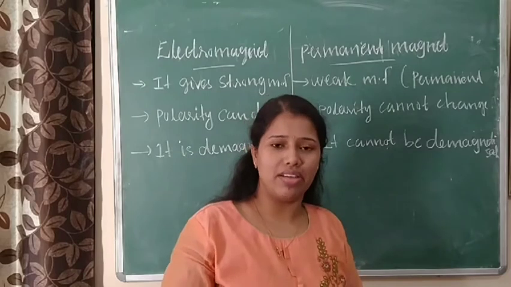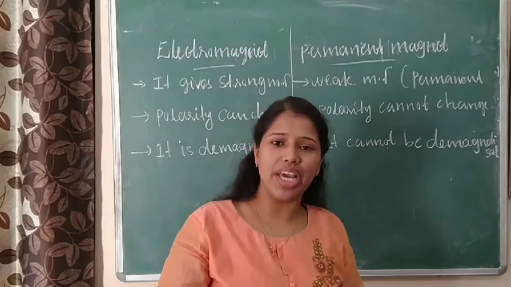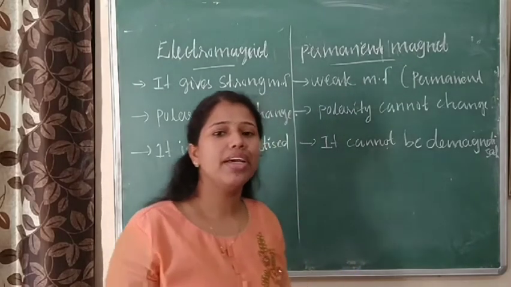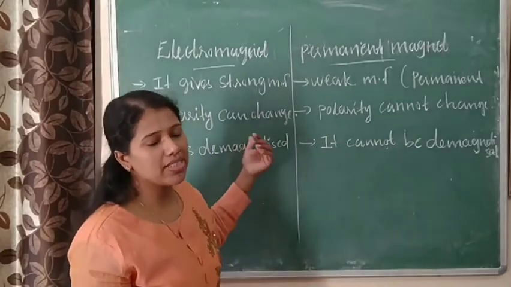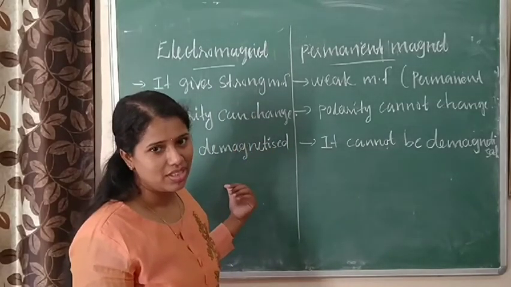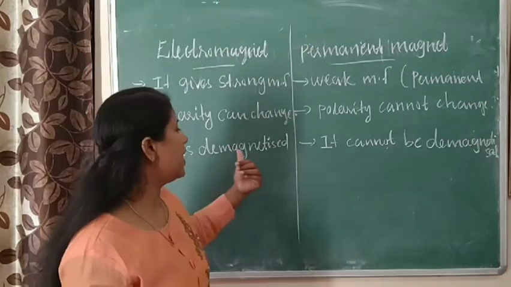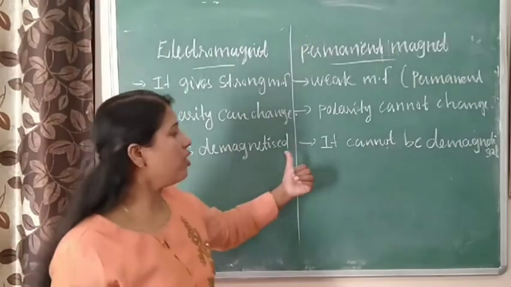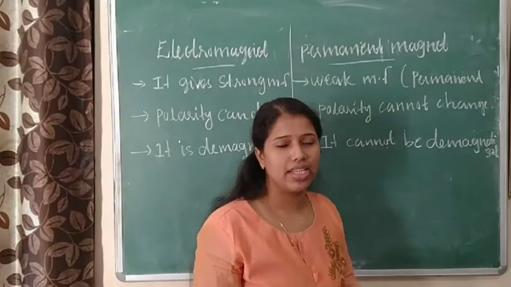If we take out the key, what happens? Current cannot pass through that circuit. Then it is demagnetized.